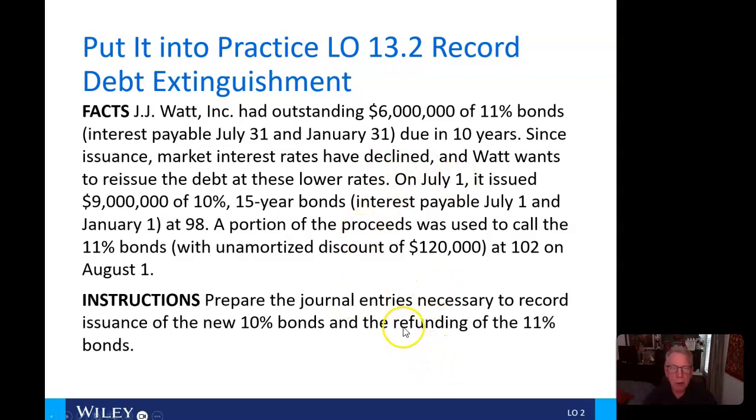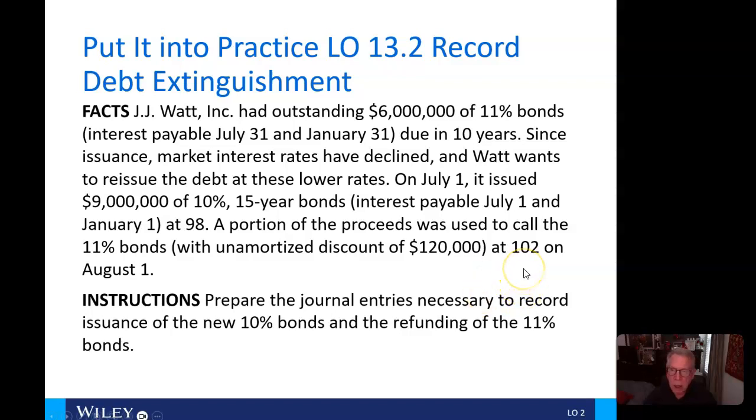Watt. So on July 1, it issued $9 million of 10% 15-year bonds with interest payable on July 1 and January 1 at a discount of 98. A portion of the proceeds was used to call the 11% bonds, which had unamortized discount of $120,000.